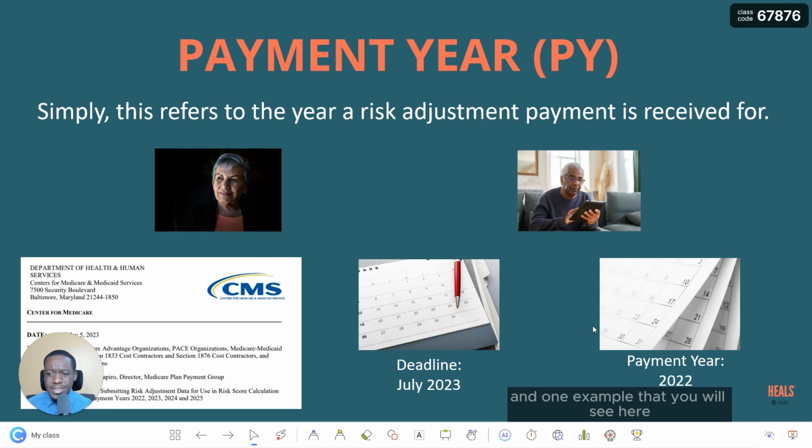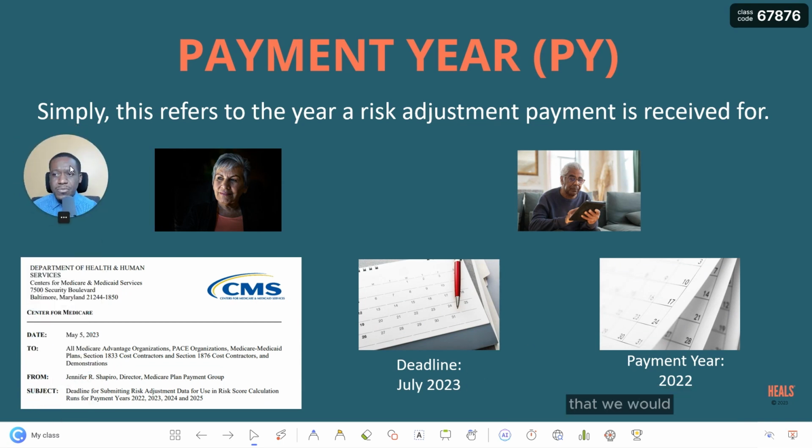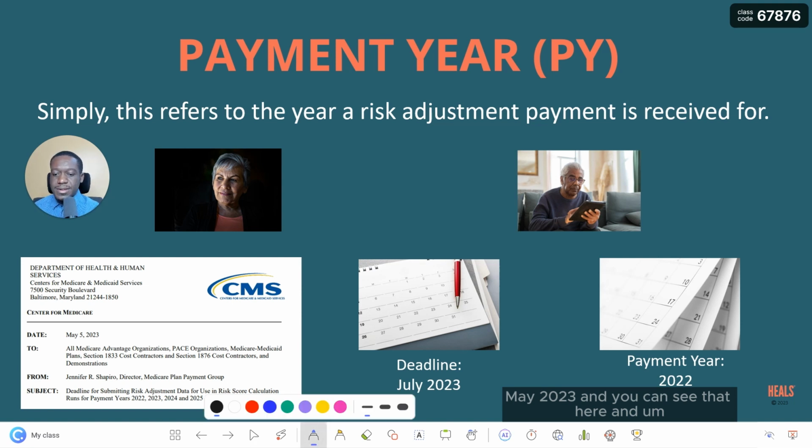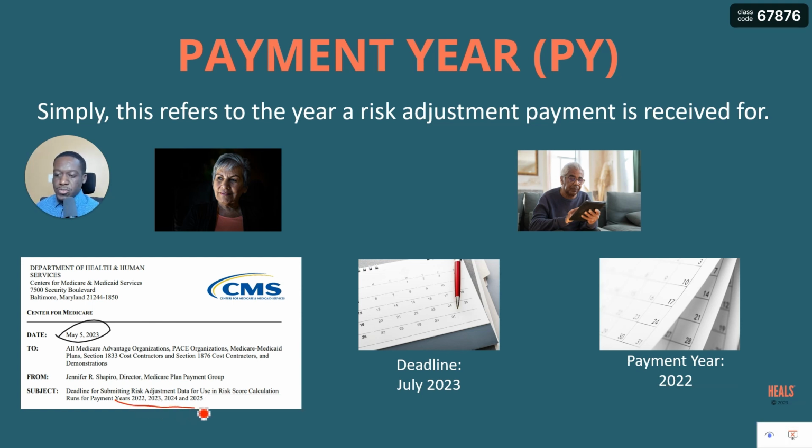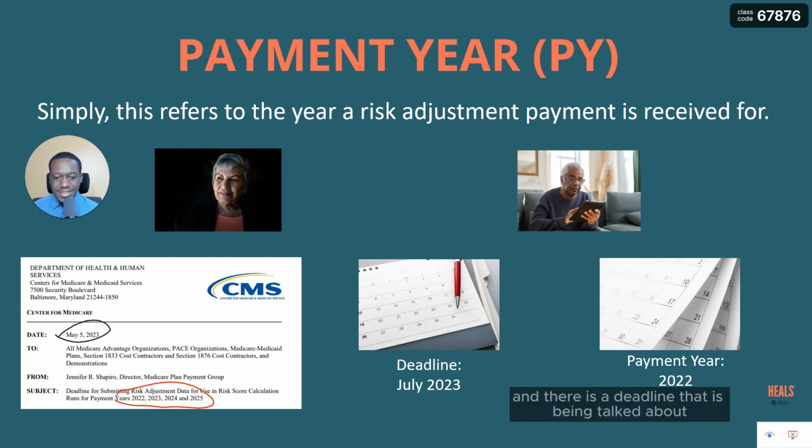One example that I'm going to discuss is in the memo that came out in May 2023, and you can see that here. In this memo, CMS talked about several payment years and when they were going to be run. You can see from the memo, payment years 2022 through 2025, and there is a deadline that is being talked about.